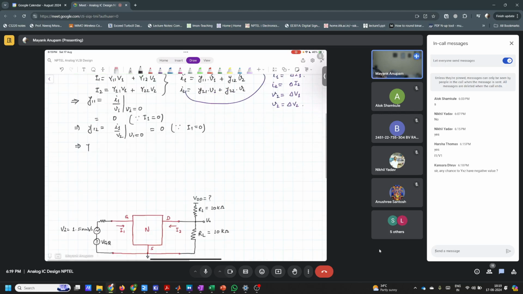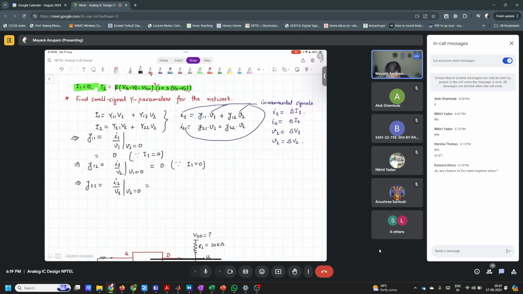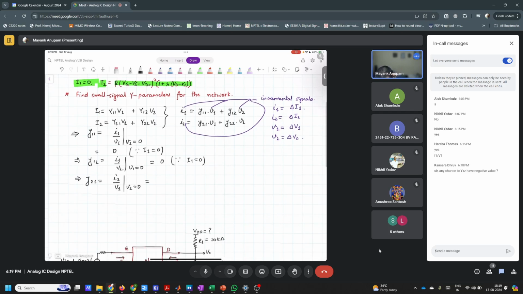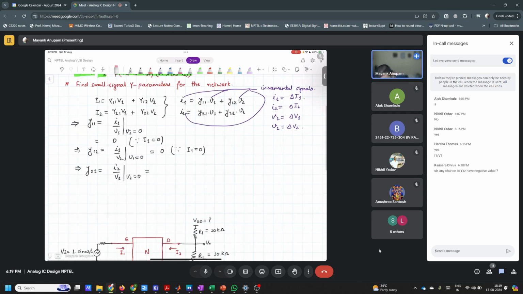Now comes y21. It's equal to i2 by v1 when v2 equal to 0. So what will this be? How will you find out? Please note that these quantities, i1 and i2, are all delta. So it can be written as delta of I2 upon delta of V1 when delta of V2 equal to 0, right?